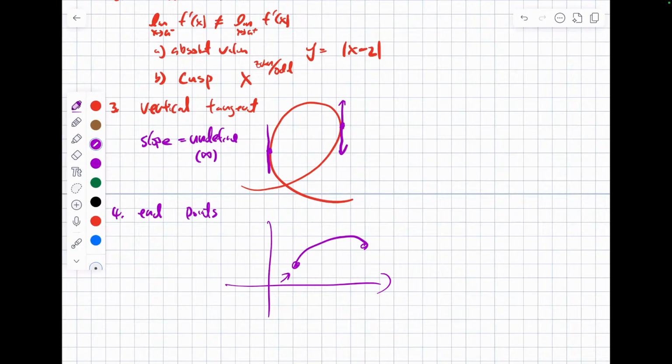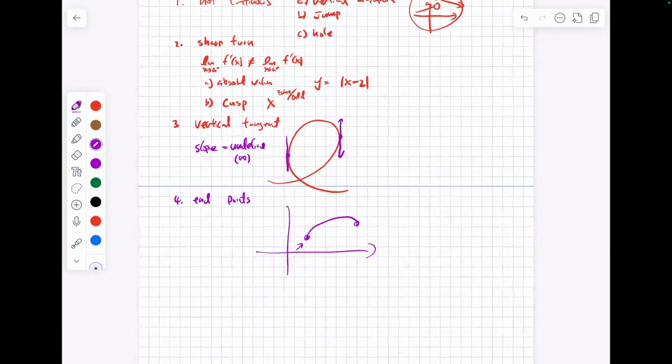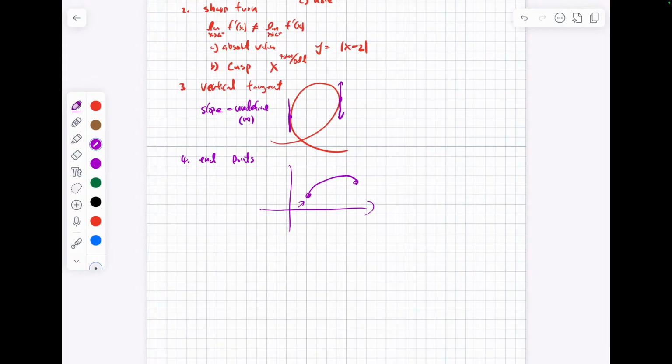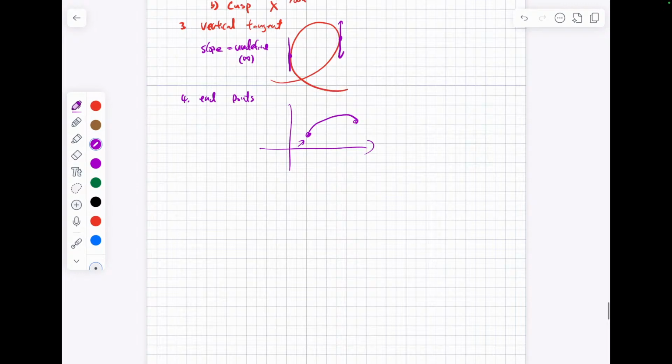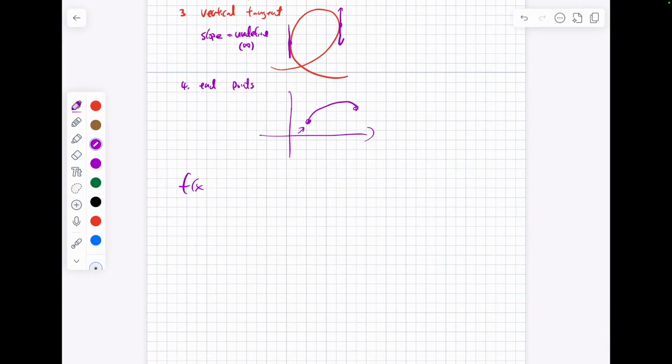Or like infinity. We're going to talk about both cases. We're going to experiment with the alternative form of the definition. Imagine I have this function, f of x equals the absolute value of x minus 2. Like Andy was asking, can I just use the alternative definition of the derivative to get this?